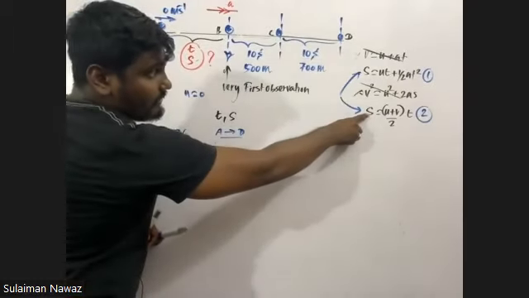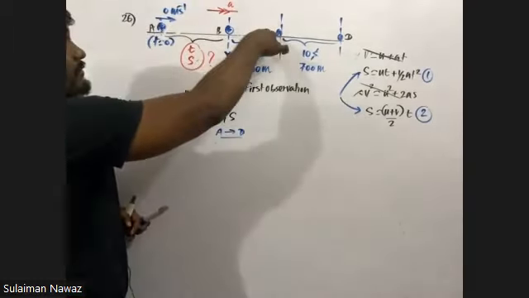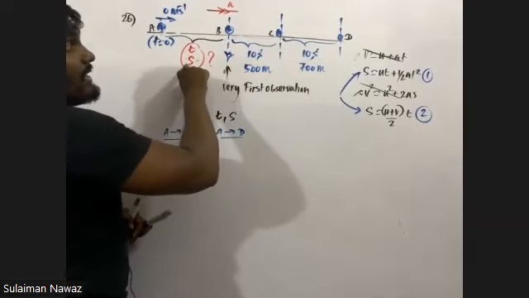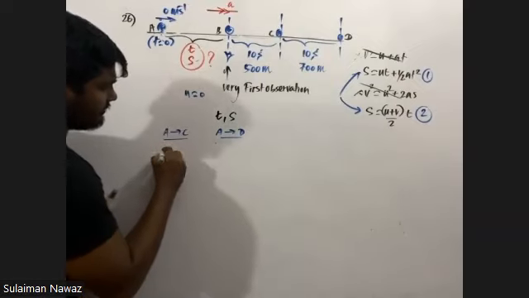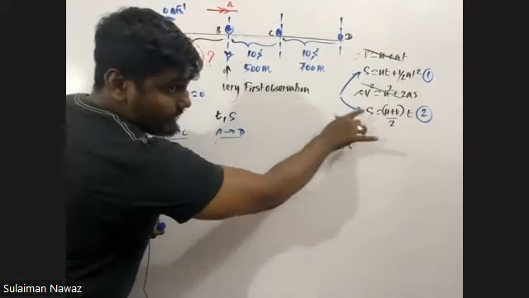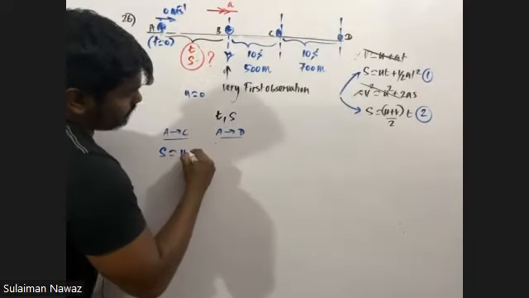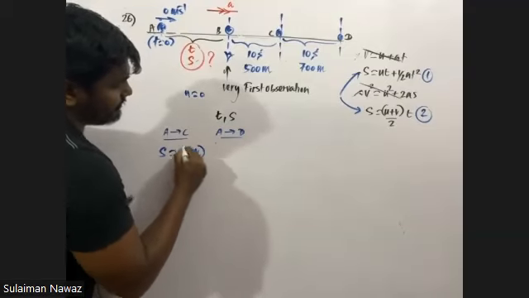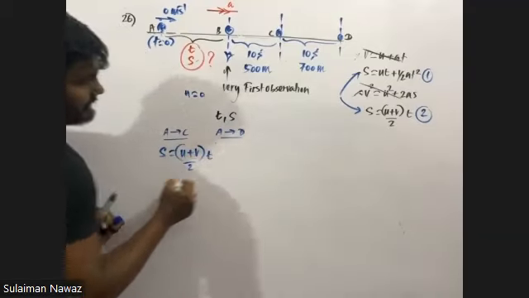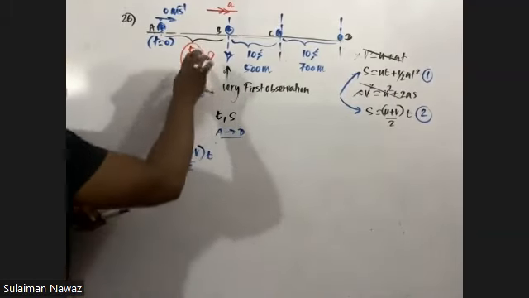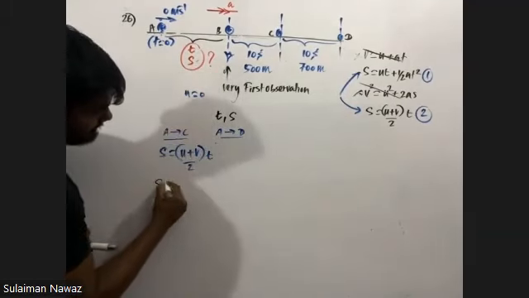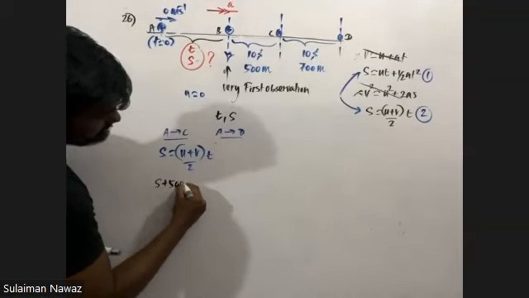S means A to C total displacement, S plus 500, right? Now you applied that equation. I didn't say this is the right equation. S equals U plus V over 2 times T. S is S plus 500.